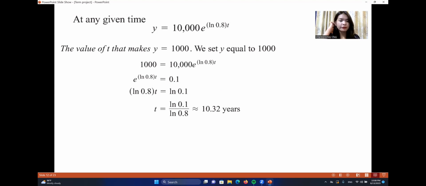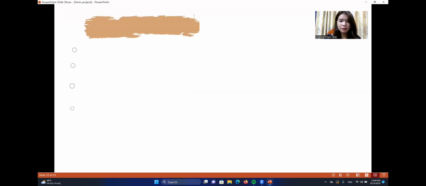So we have e^(ln(0.8) t) = 0.1. And then we can find t = ln 0.1 over ln 0.8, which is equal to 10.32 years. And this is our last solution for the example.